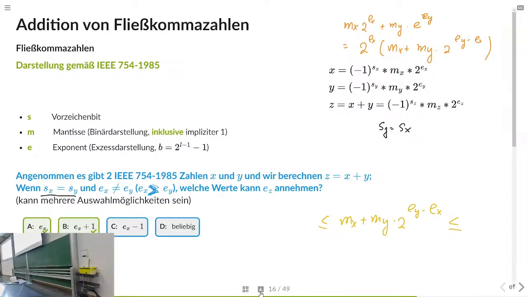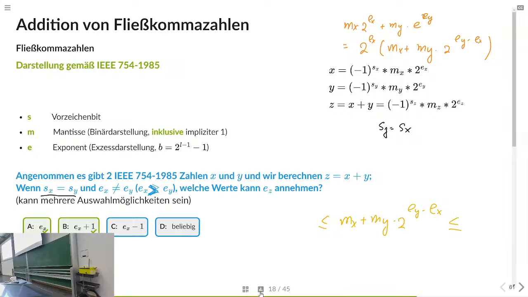Also noch einmal, warum auch x? Es gibt 2 Möglichkeiten. Es hängt genau von ax und ay, mx und my ab.